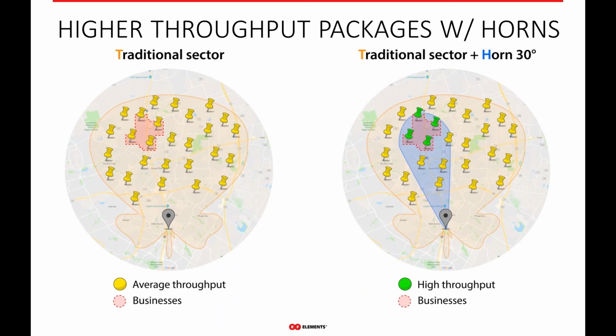So when you have a diversity of types of customers in the coverage area, it helps to offload those very specific speed packages or SLA-enabled packages to horn antennas to deliver a different quality of service for a particular group of customers, instead of leaving them all on your standard traditional sector AP.